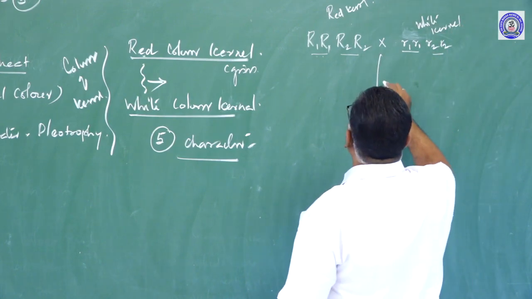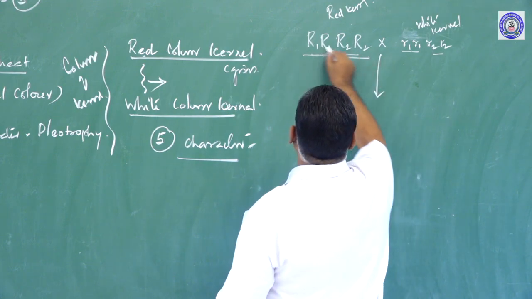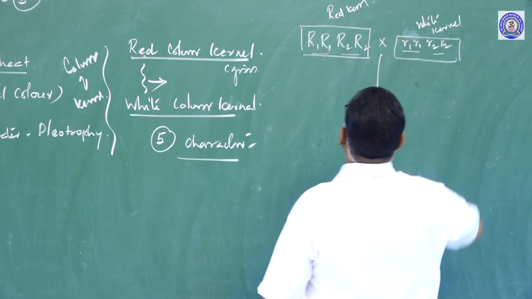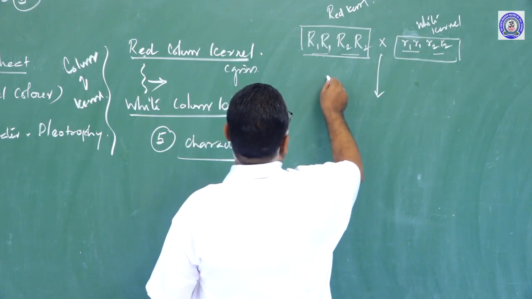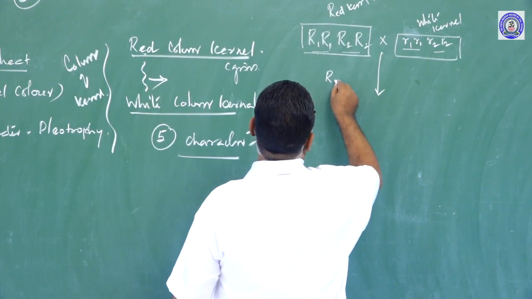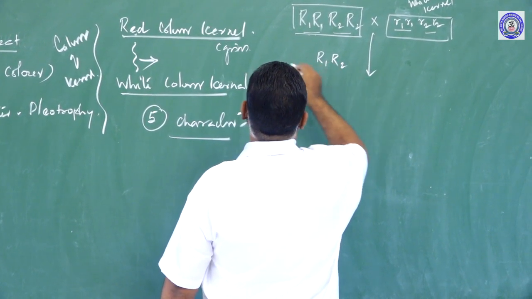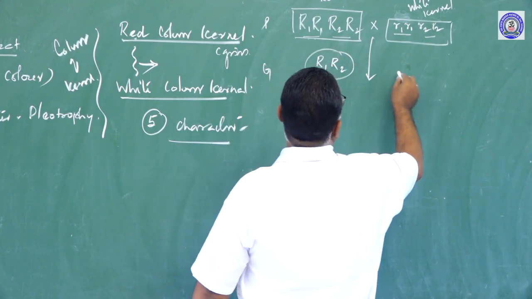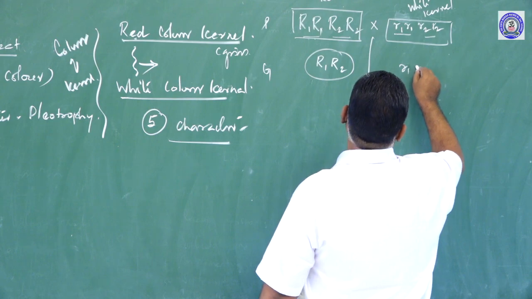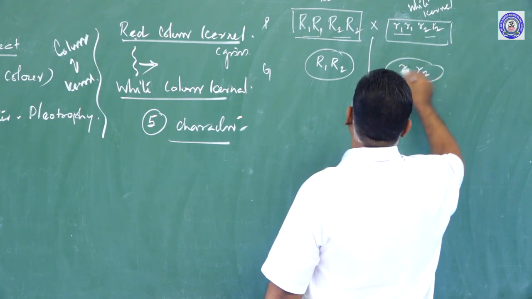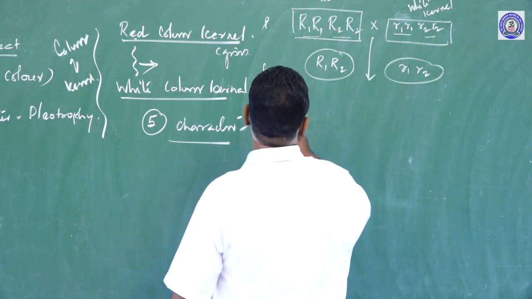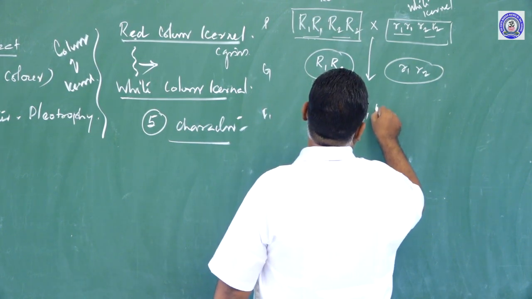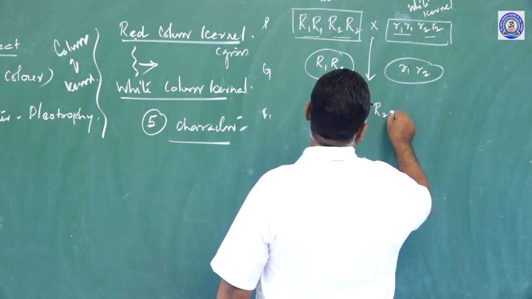When it is crossed, this is red kernel, this one is white kernel. Here the gametes will be R1 and R2. This is parent, this is gamete. Small r1, small r2, gamete. In the F1 generation we will get capital R1, small r1, capital R2, small r2.